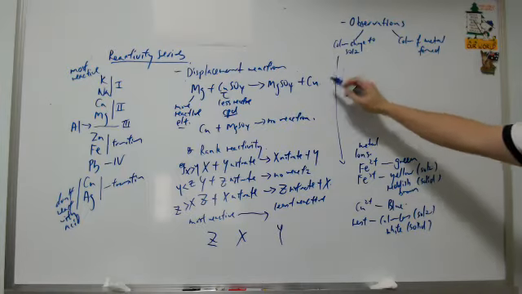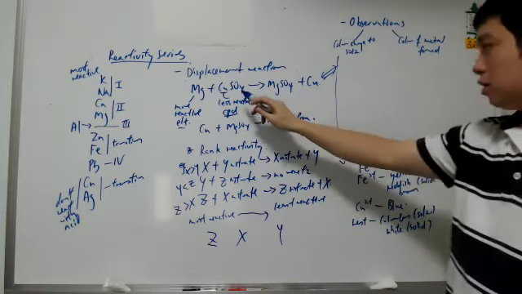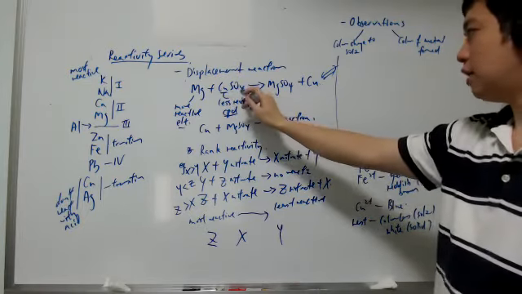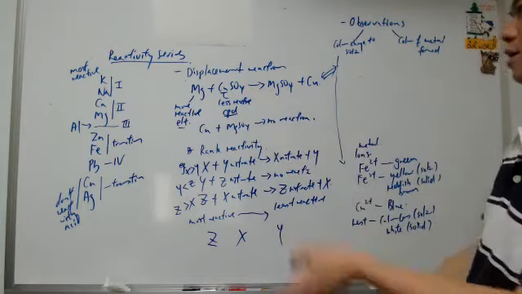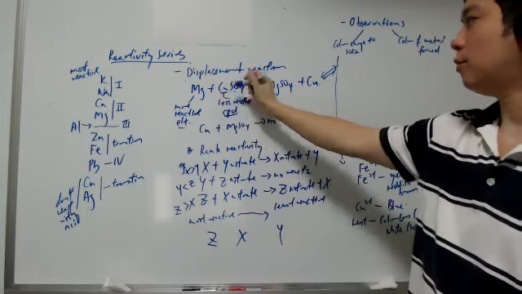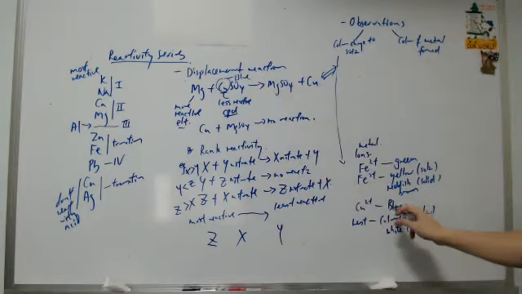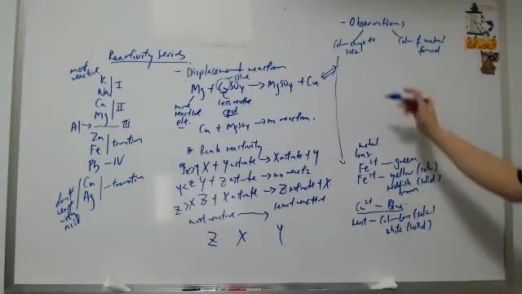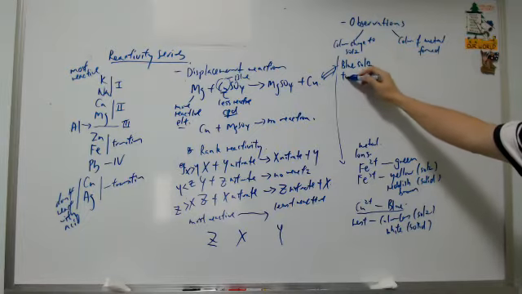So if we use this example, the solution is copper 2 sulfate, becoming magnesium sulfate. Copper 2 sulfate contains copper 2 ions, and copper 2 ions are blue. So you will see the blue solution turns what?